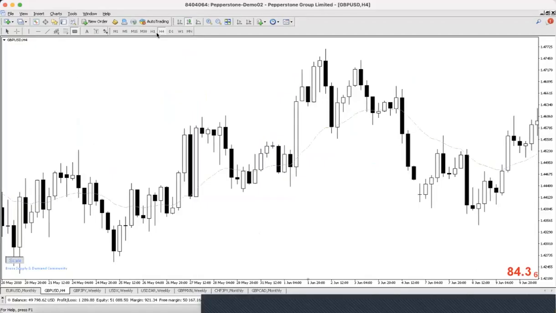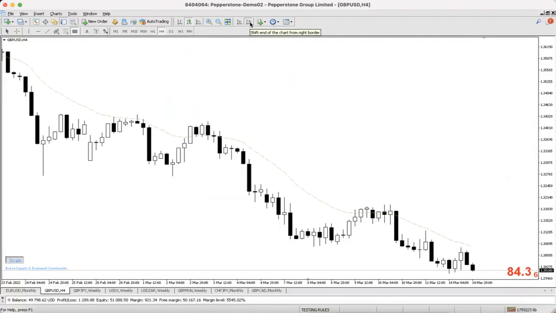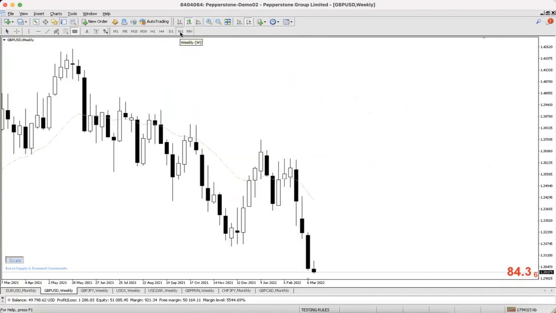All right, so let's look at this chart. It's GBP/USD. When you look at this chart, you can right away identify a zone that was fresh and the market went back to test it. Look at this zone here.